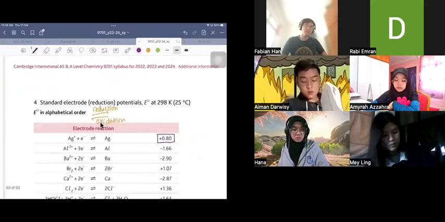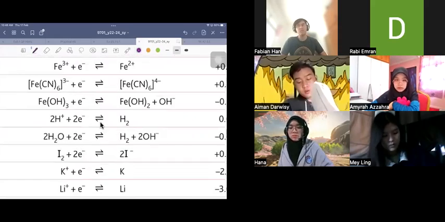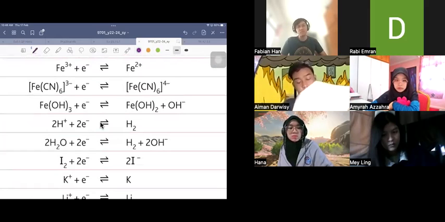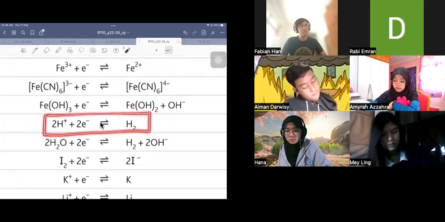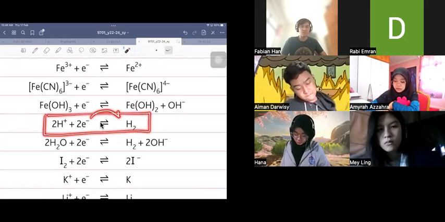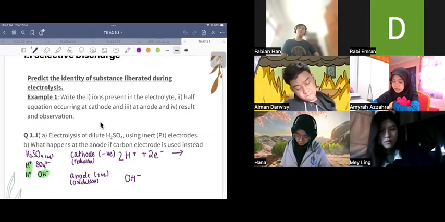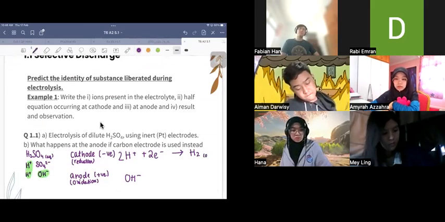H plus to go to H2. Because it's the reduction equation, you take the forward reaction. So to write that down, 2H plus plus 2 electrons to form H2 gas.